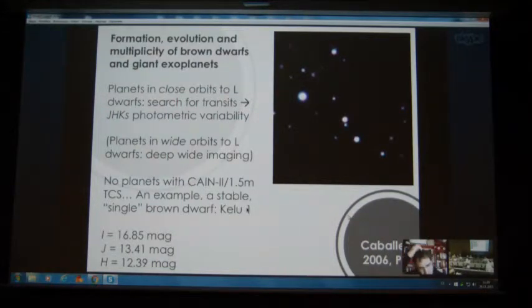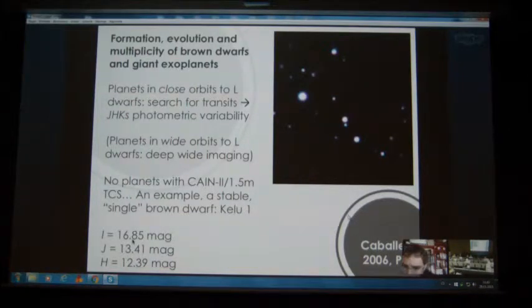Just to let you know the real faintness of these objects, the one in the center is Kelu-1, and the magnitude in J is 13.41, in I is almost 17, which means that in V is of the order of 20 magnitudes.